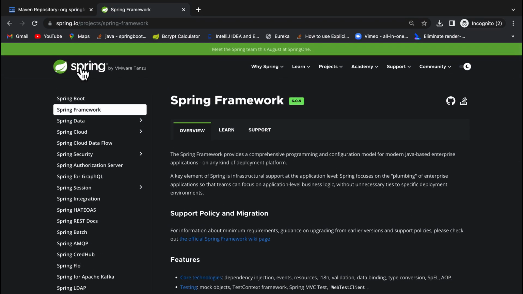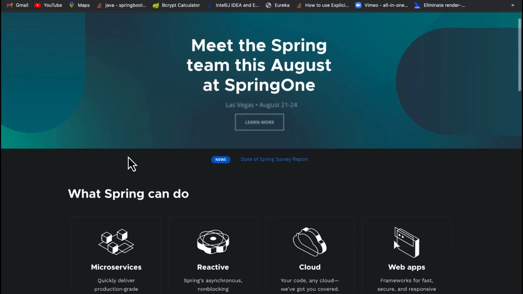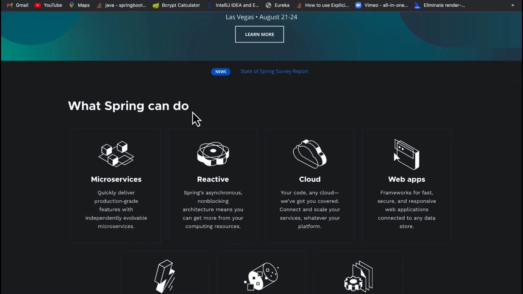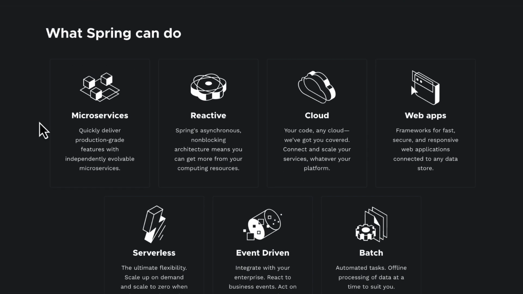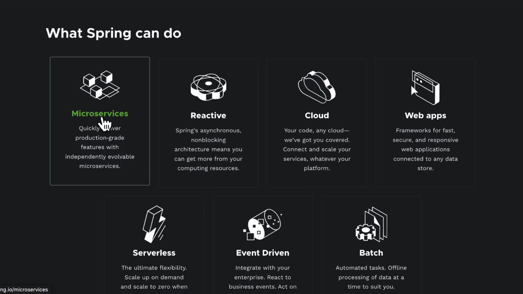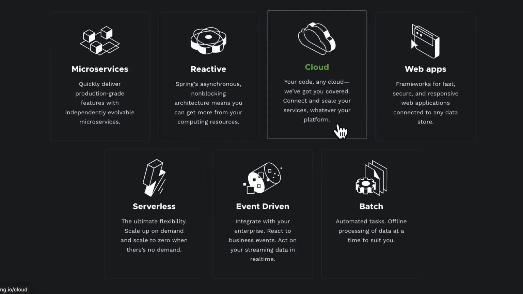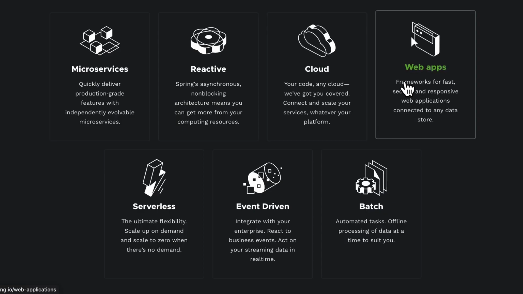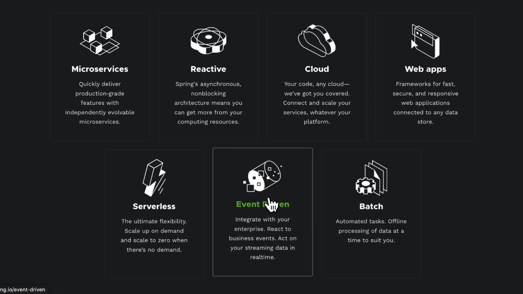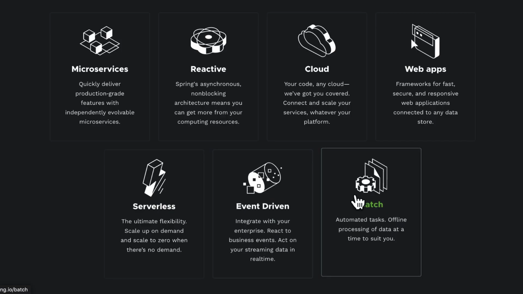So if you click on this Spring logo, you can see Spring can do a whole variety of things. It can help you to create microservices. It can help you to create reactive applications. It can help you to create cloud native applications. It can help you to create web apps. It can help you to create event driven applications, batch applications. It can do a whole variety of things.